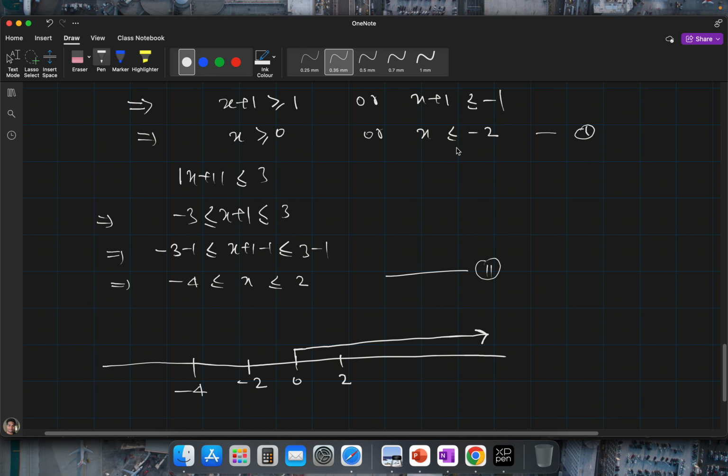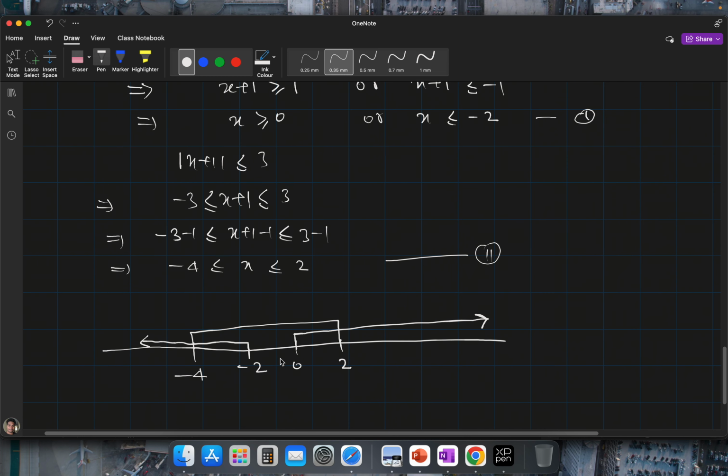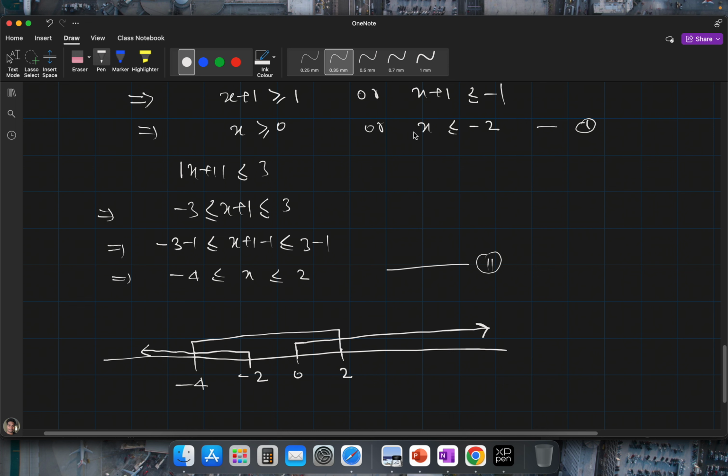Now the second set is saying that x must be less than or equal to minus 2, so the solution set will be along this direction. Now this set is saying x must be between minus 4 and 2. So here minus 4 and here 2. The solution set will be like this. After using all these sets, you have to get one intersection set.